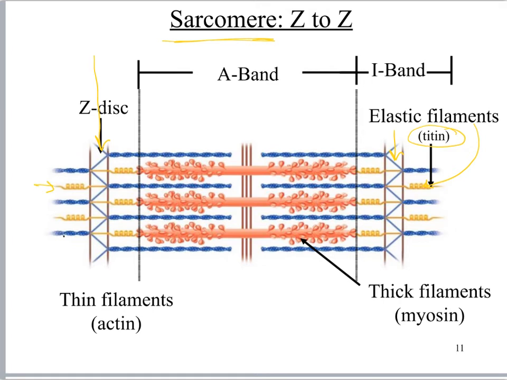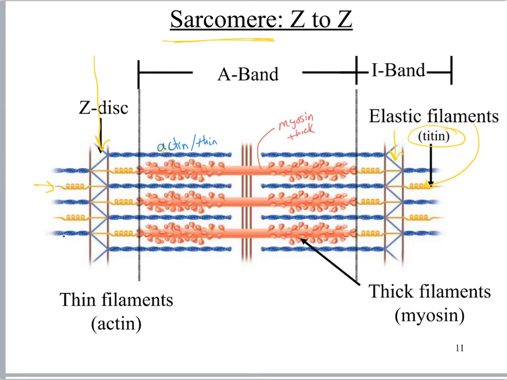And when the contraction is done, these help to recoil and bring these things back into a resting state a little bit. Okay, in blue, we have actin, which is also called a thin filament. And in pink, we have the myosin, which is also called a thick filament.